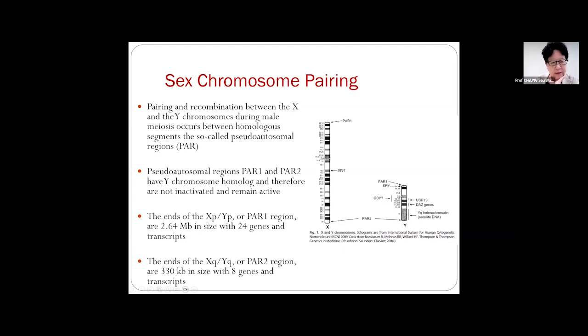The end of the Xp and Yp, or PAR1 region, is 2.6 megabases in size with 24 genes in transcript. The end of the Xq and Yq, or PAR2 region, is 330 kb in size with 8 genes in transcript.